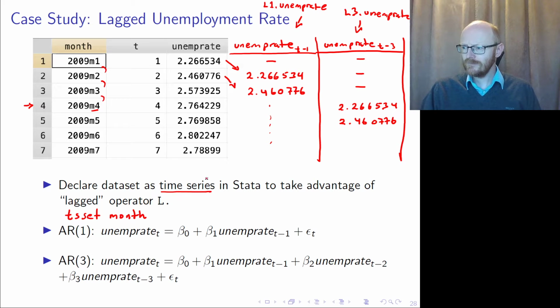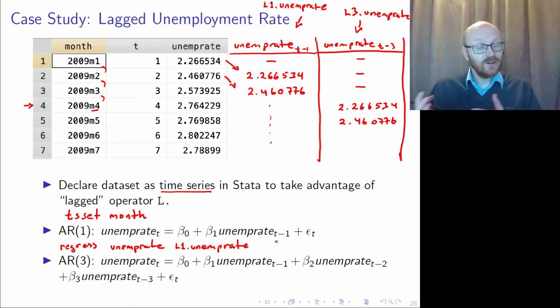So for example, if you would fit an AR1 model to your data, you would just write regress unemp rate on L1 unemp rate.